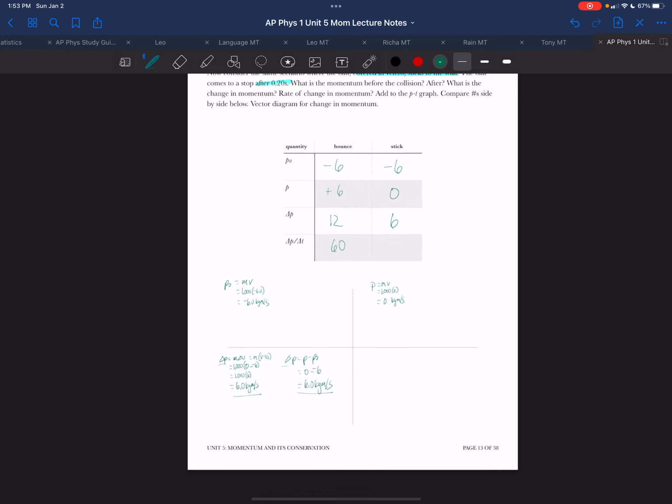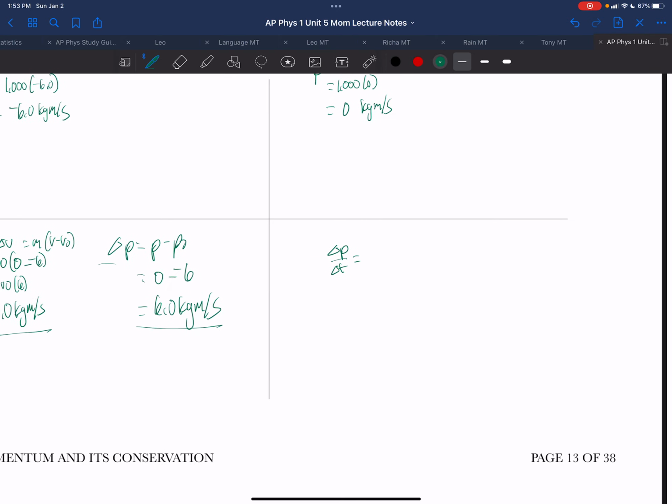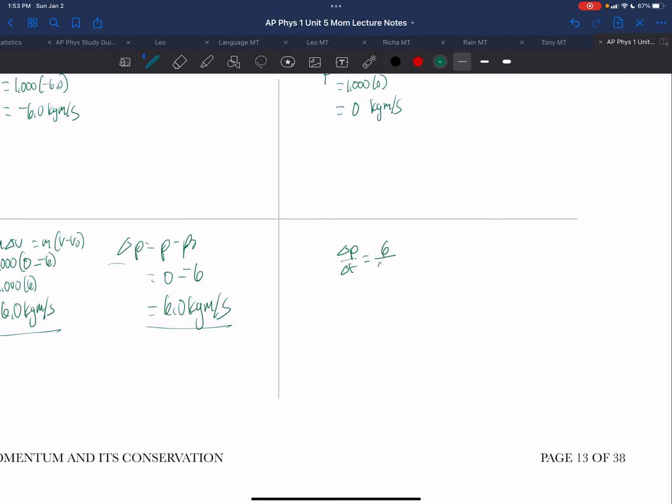What about the rate of change in momentum? Delta P over delta T is 6 divided by 0.20, which is 30 kilogram meter per second squared.